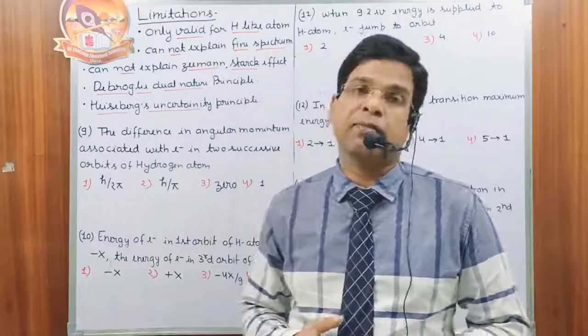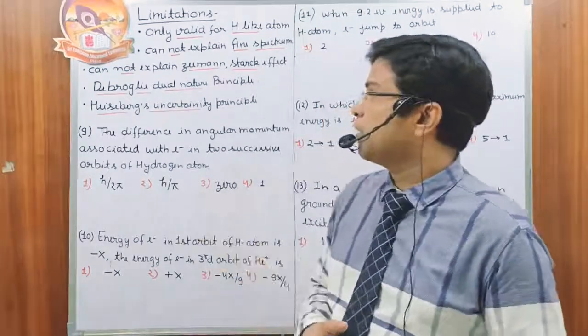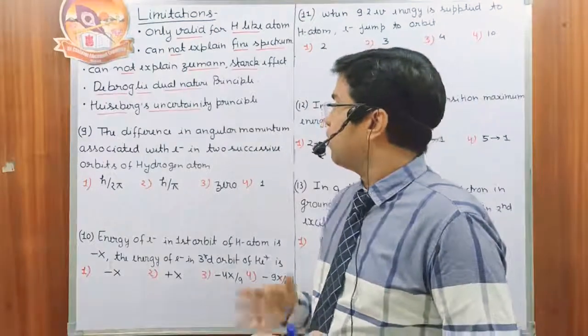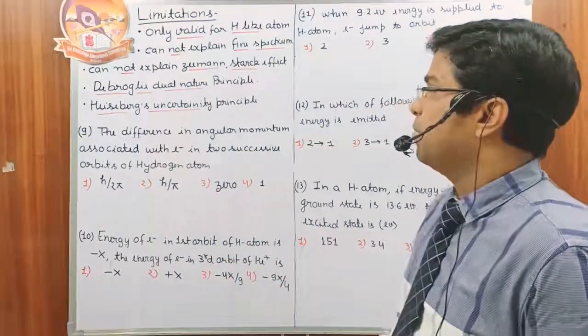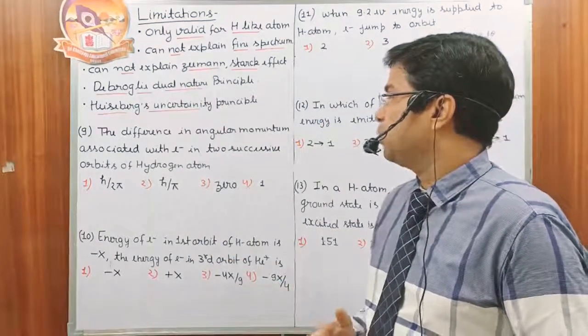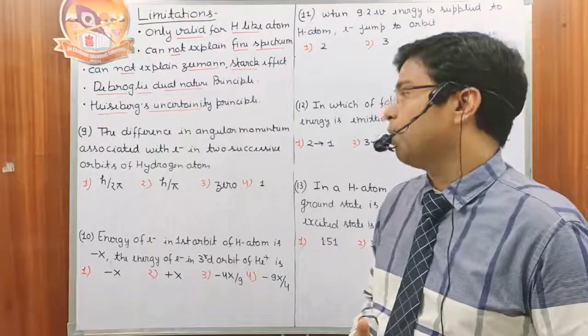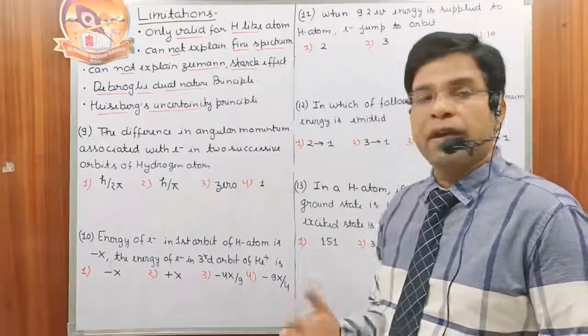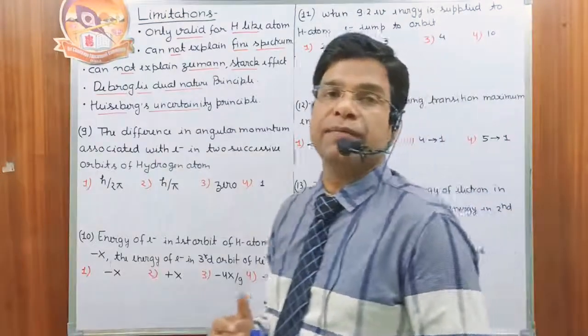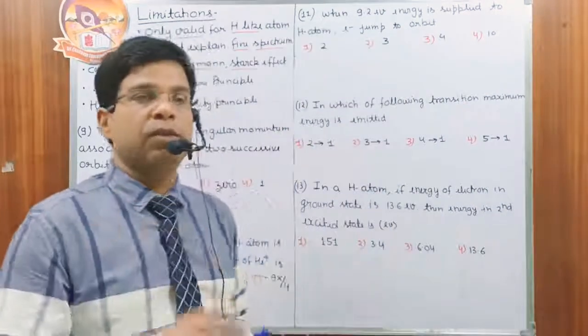Now we discuss some questions. Like in question number 9, the difference in the angular momentum associated with the electron in two successive orbits of the hydrogen atom. We have to find out what is the difference we have in the angular momentum of the electron.